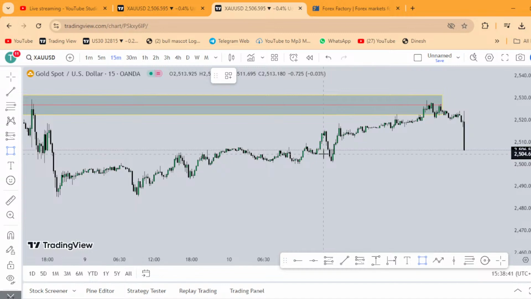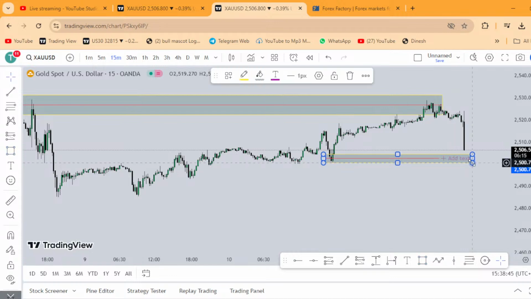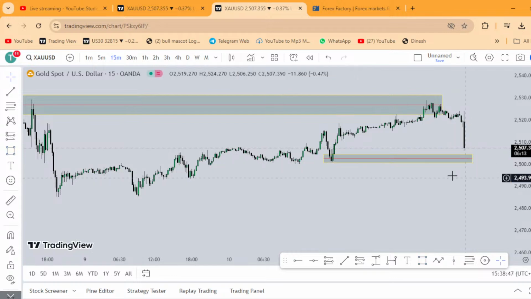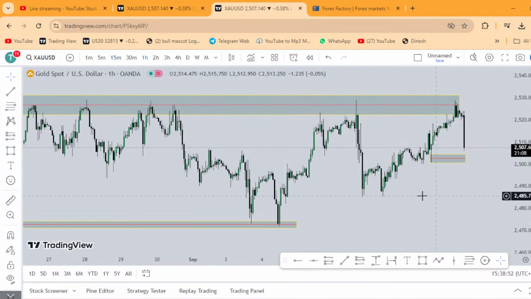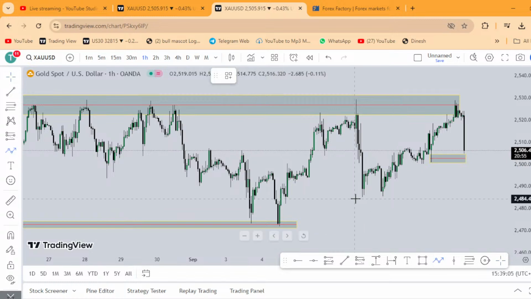What a closing. So now, when we come here on the H1, we still have this gap to be filled, right? This one. There is what we call sell side liquidity here.